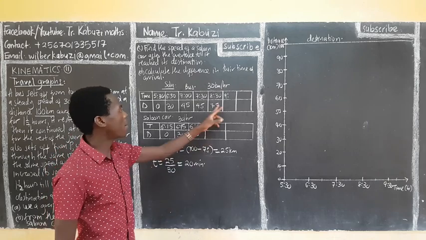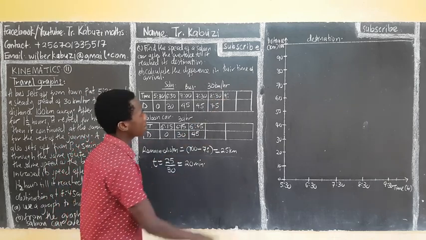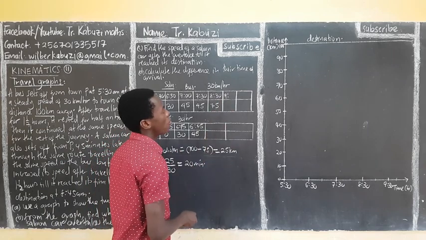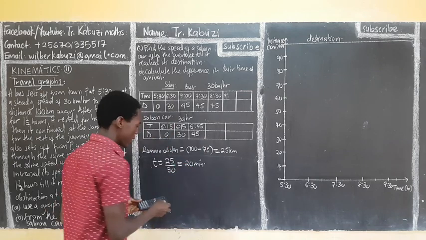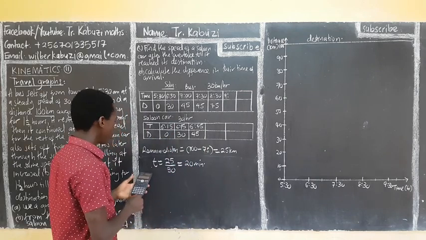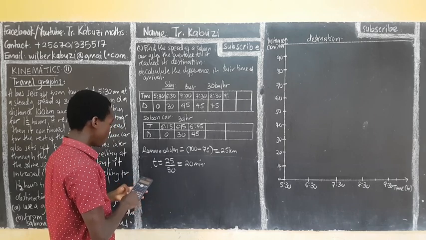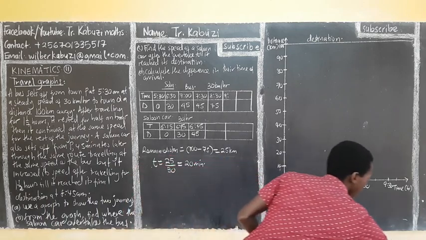So 25 divided by 30, then times 60 to convert to minutes. It's 50. Sorry, it's 50.